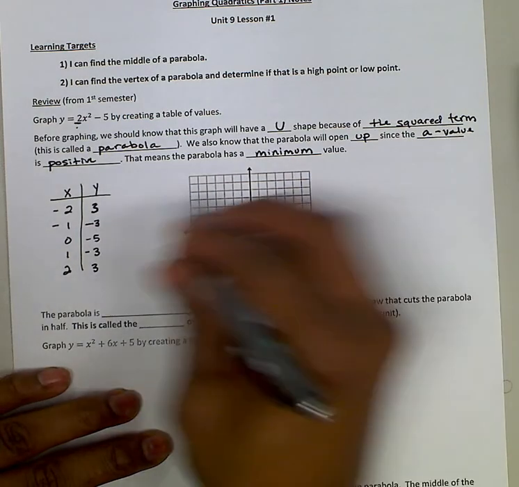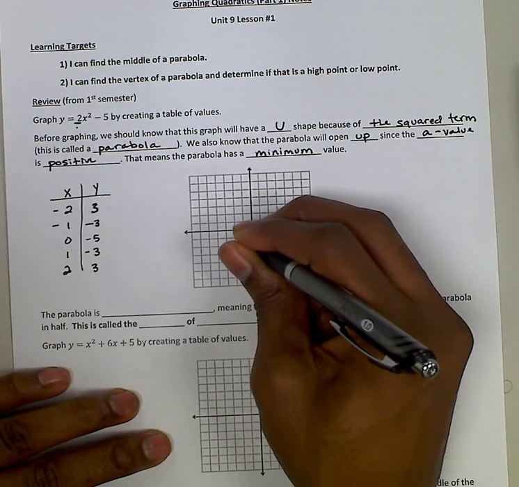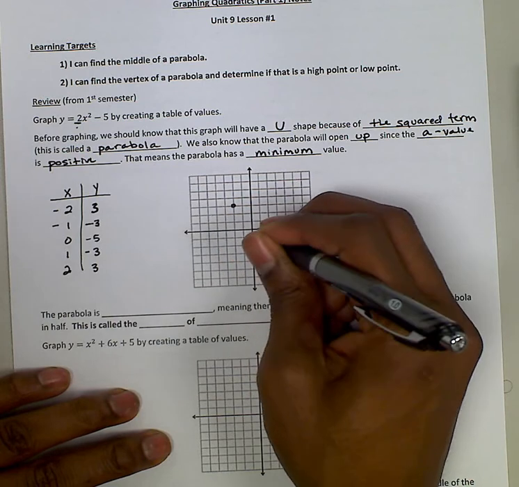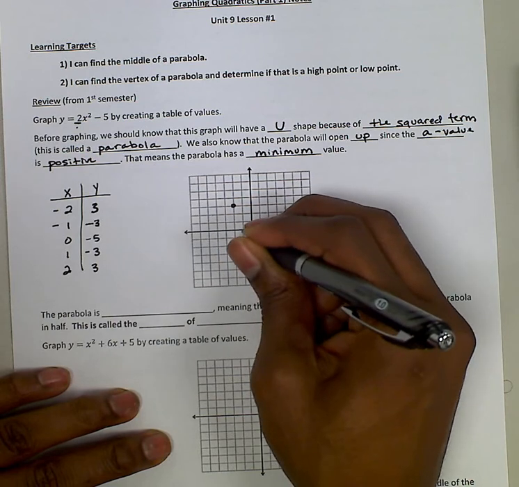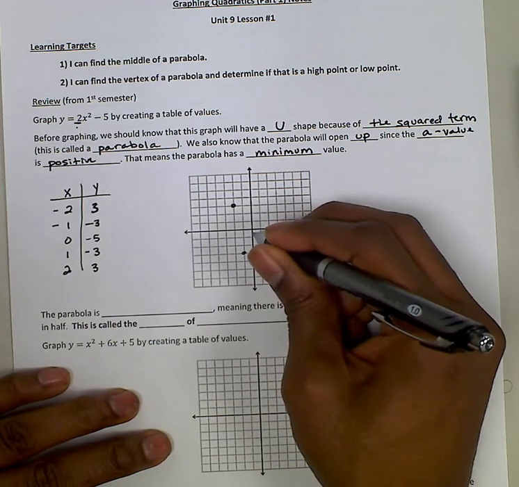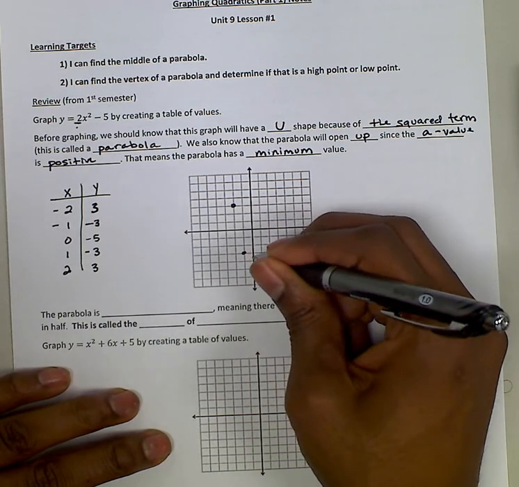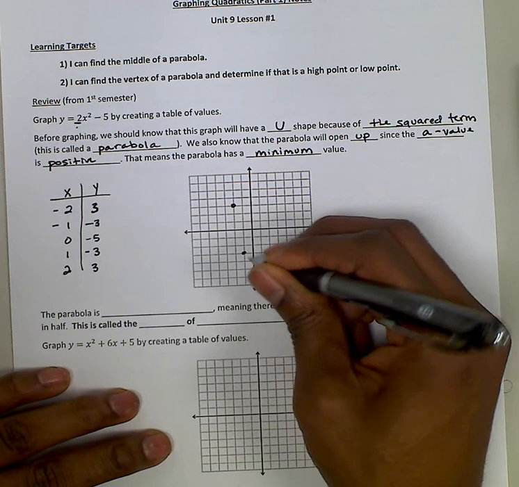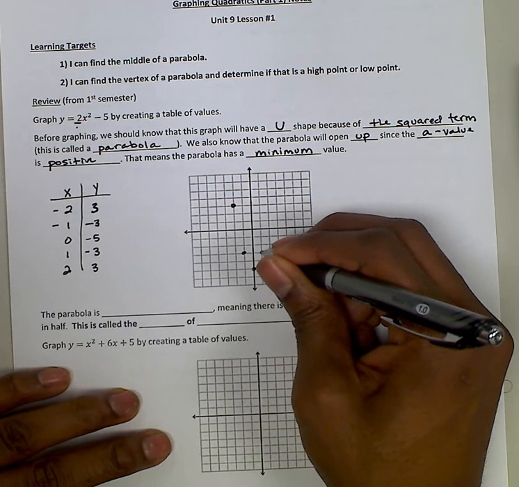Now we're going to plot these points. So I have -2, 3; -1, -3; 0, -5; 1, -3; and then 2, 3.